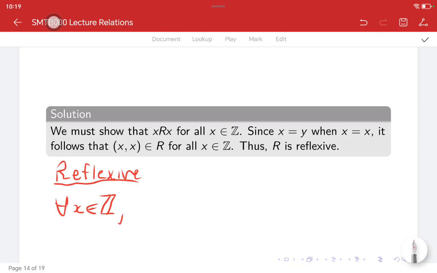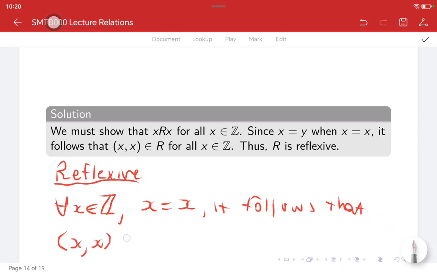And then I say that X will be equal to what? X. You see right now? According to the definition, if I take X element of Z, then X is related to X. So it follows that X is an element of R. You see, right?